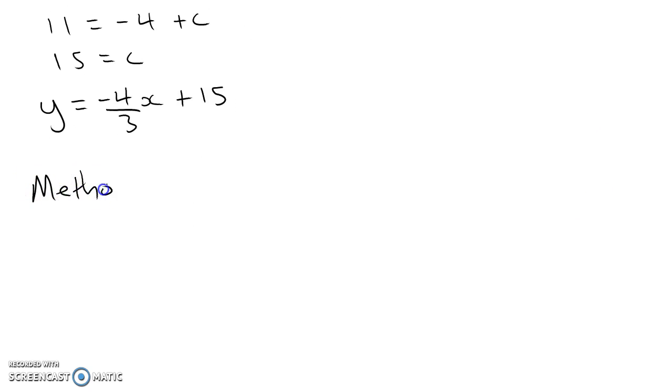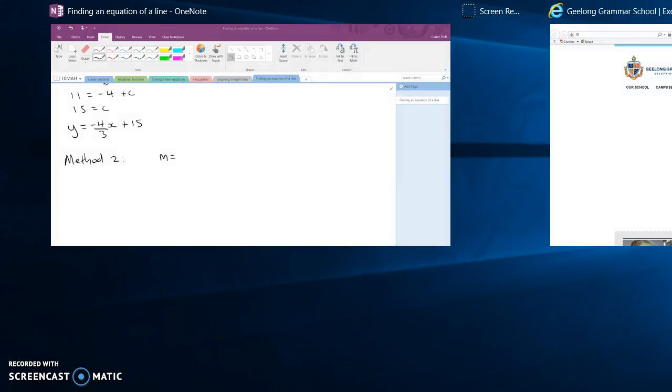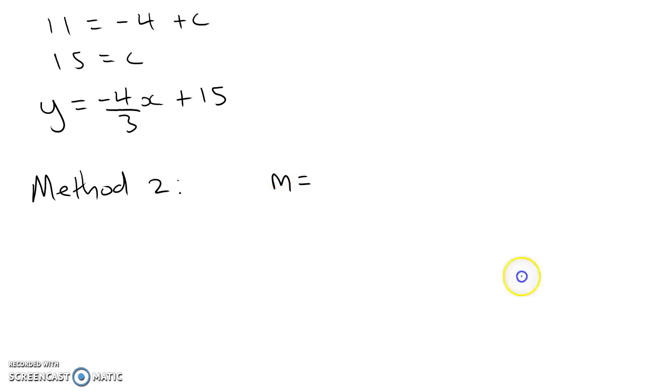Method 2. Again, this method uses the rule for finding the gradient when you're given 2 points. So again, we'll be using m equals y2 minus y1 over x2 minus x1.